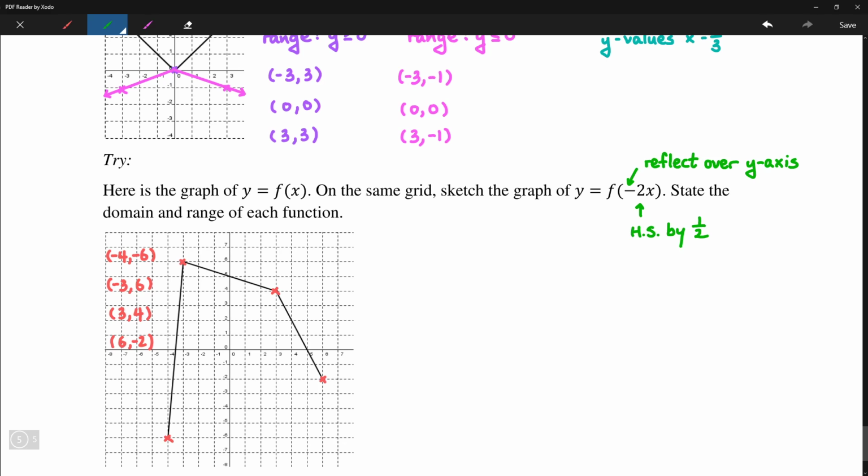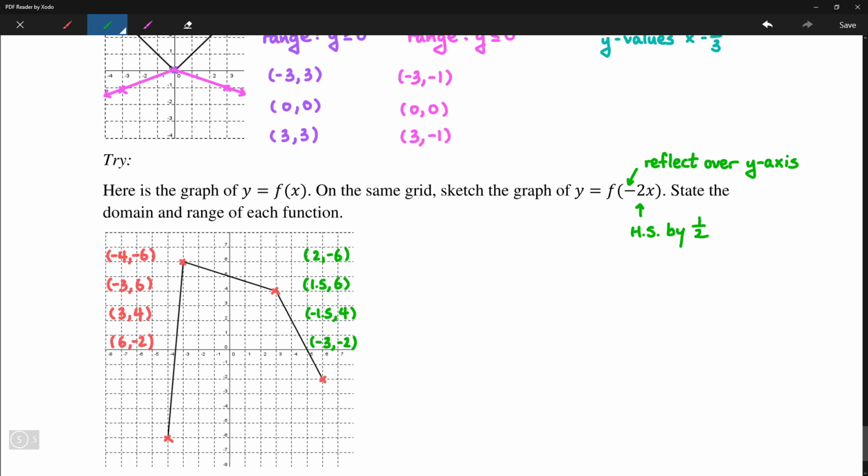Which means the x values would be made negative and then halved. So the new points would be (2, -6), and then (1.5, 6), and then (-1.5, 4), and finally (-3, -2).